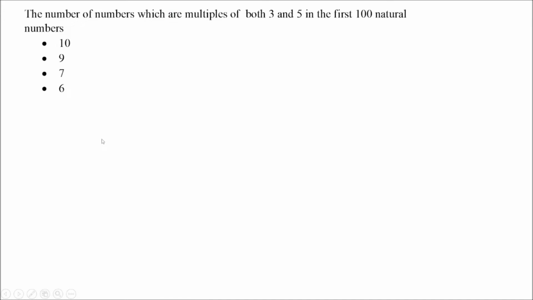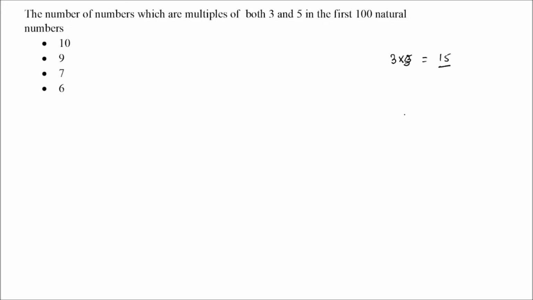The number of numbers which are multiples of 3 and 5 in the first 100 natural numbers. Multiples of 3 and 5 means multiples of 3 into 5, that is 15.